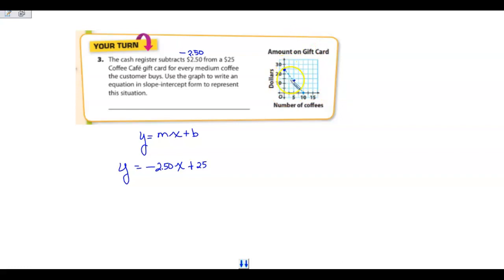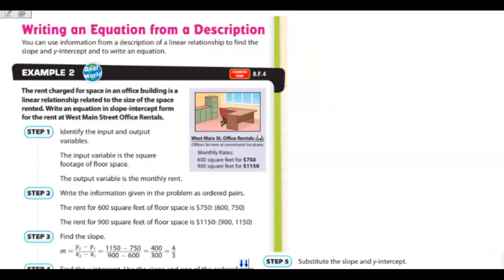And it's negative, it's going down. Negative 2.5 is the same as negative 2.50. Okay, and there's our equation. Writing an equation from the description will be part 2.